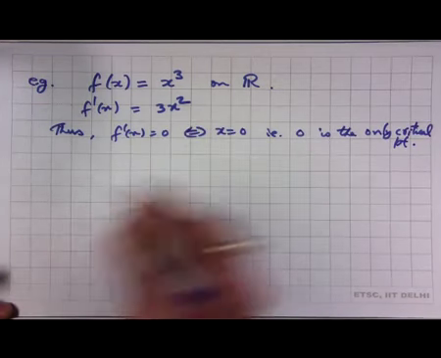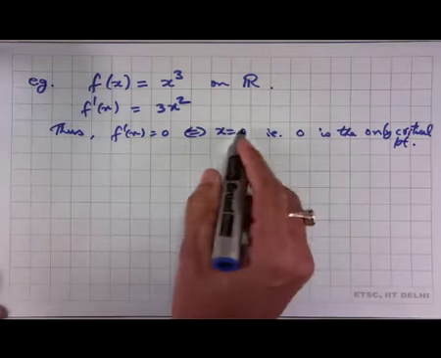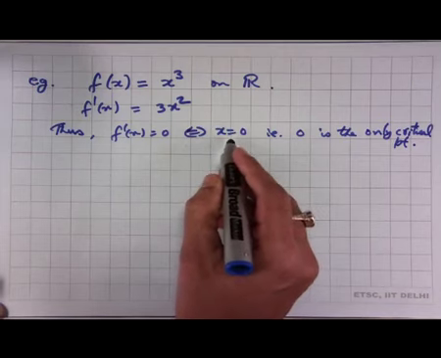Now, we will check whether 0 is a point of local minima, local maxima or neither.